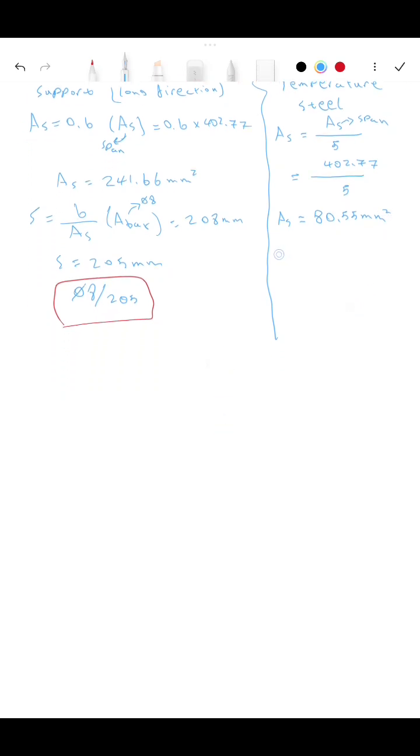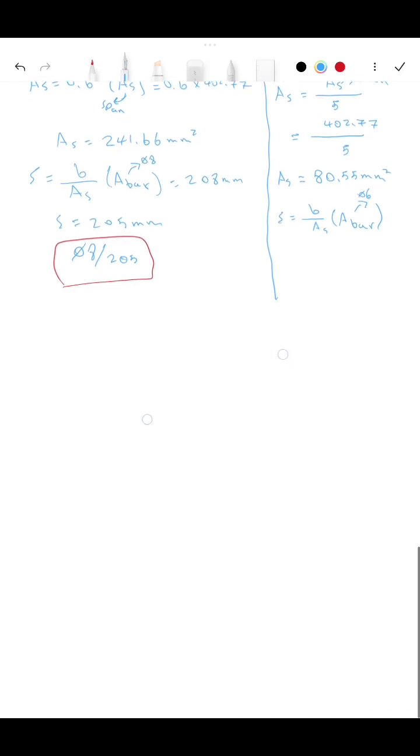The area of steel is so small, so I would use phi 6. So 1000 divided by the area of steel times pi times 3 squared, which is 350.99.